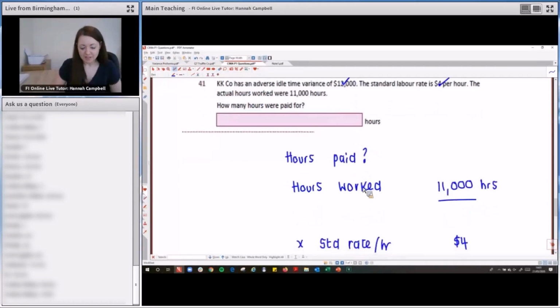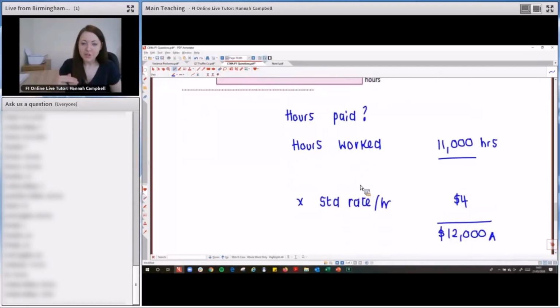Okay. So what we're going to do is we're going to start at the bottom and we're going to work backwards, okay, in order to find that hours paid. So the first thing that we need to find is the variance in hours, okay.